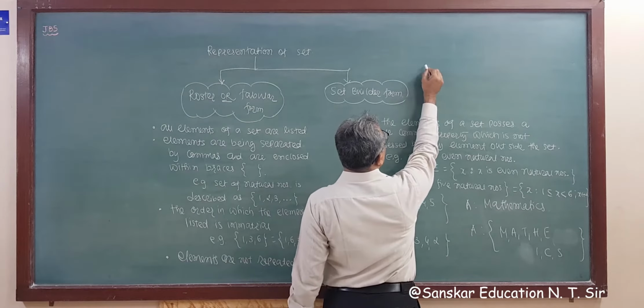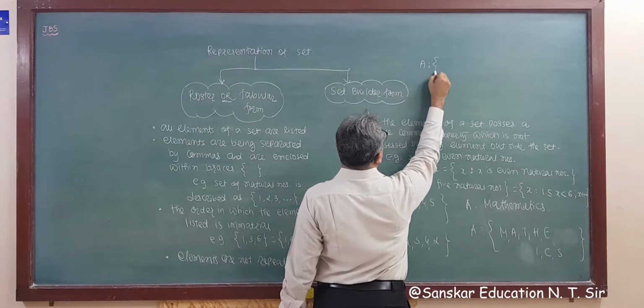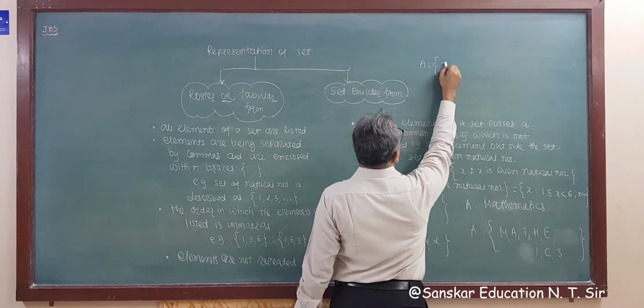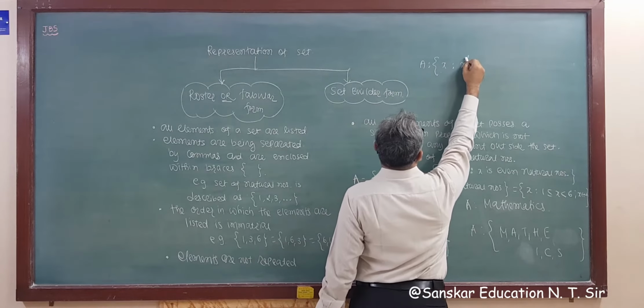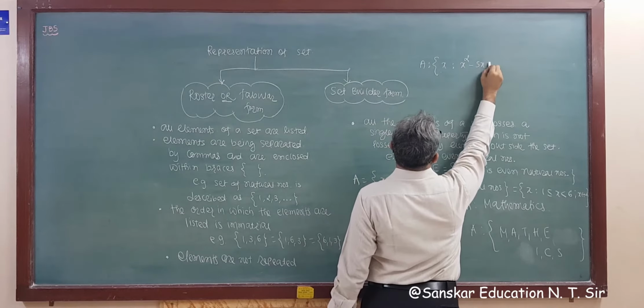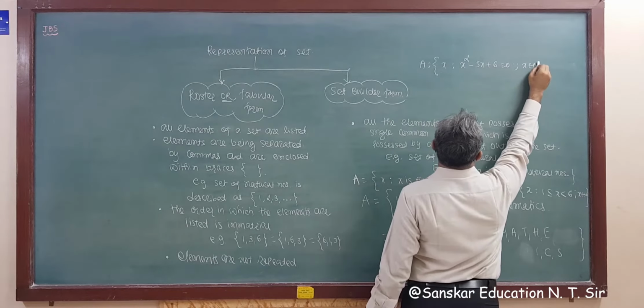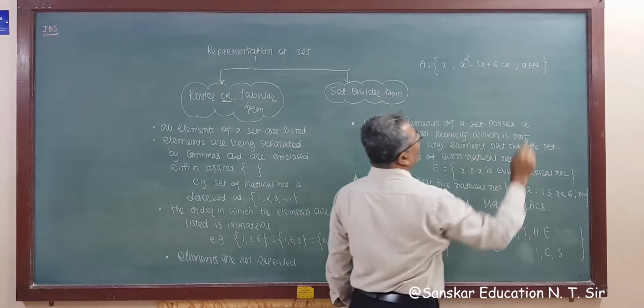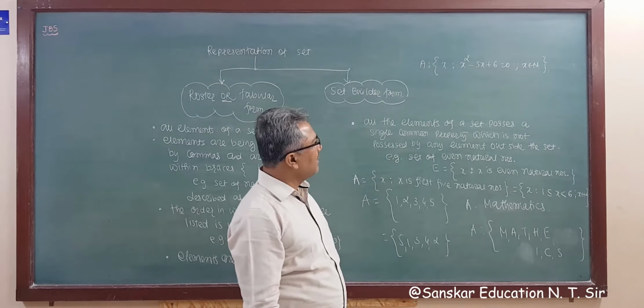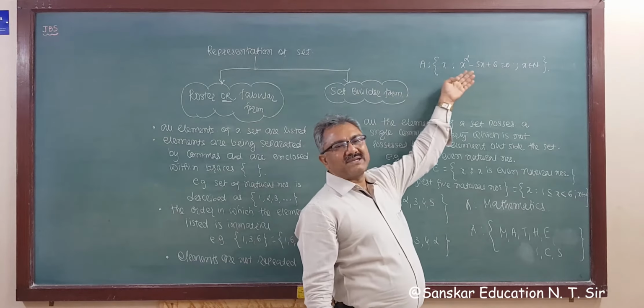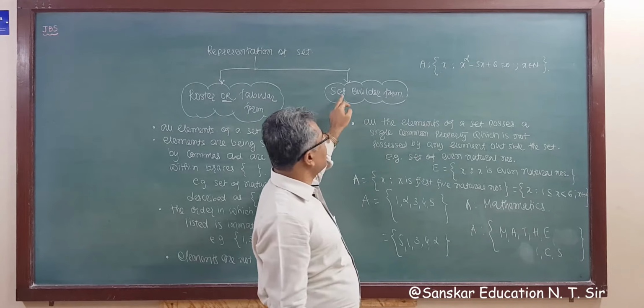Suppose I write another set, A equals x, where x squared minus 5x plus 6 equals 0, and x belongs to N. This is the way of representing a set in set builder form.